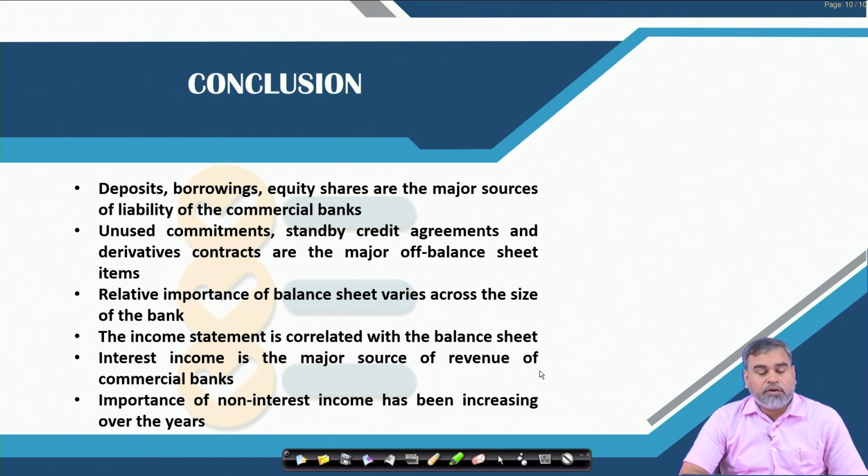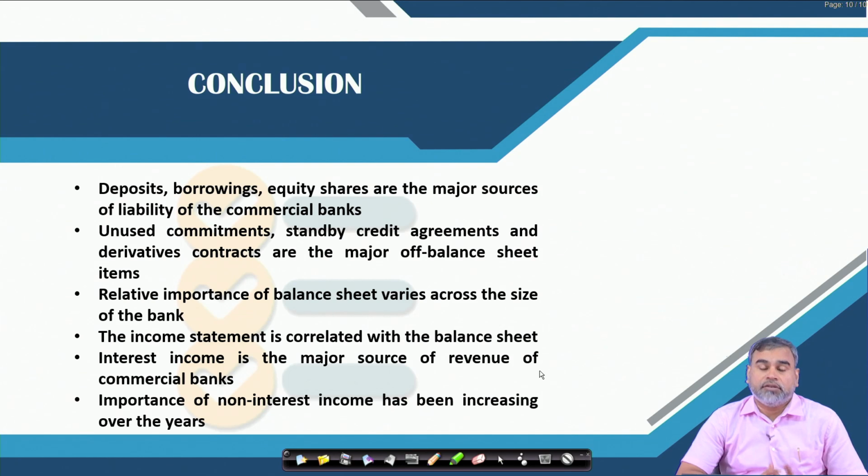Interest income is the major source of revenue for commercial banks. But the importance of non-interest income is increasing due to globalization, financial market integration and all, and its percentage is always higher for the larger banks than the smaller banks, and the reliance on the money market is also greater for the larger banks.